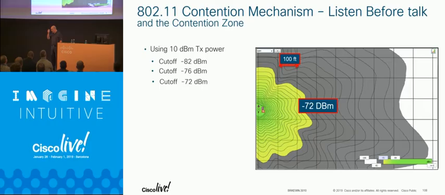If I drop all the way down to minus 72, which is my tertiaries, that's a lot smaller coverage area. What that means is all the stations that are in that gray area out there, I'm no longer competing with to get on the air. So there are some definite advantages to isolating cells. It's how you make high density work, because each cell is a finite amount of bandwidth, right?